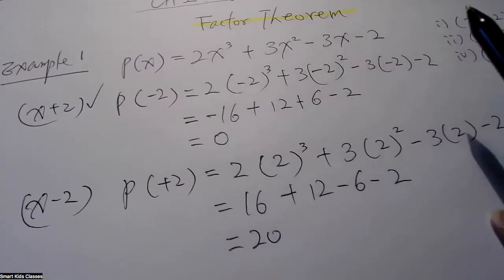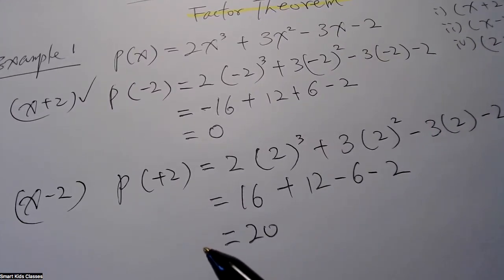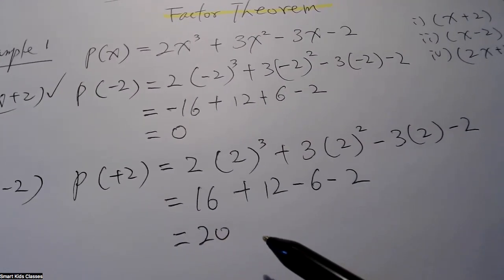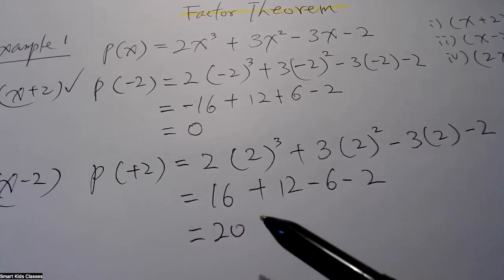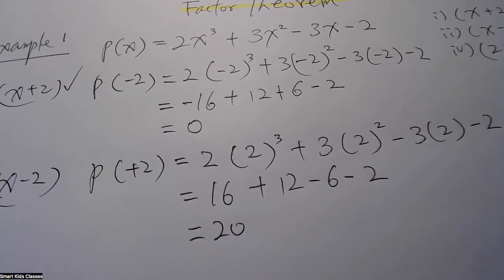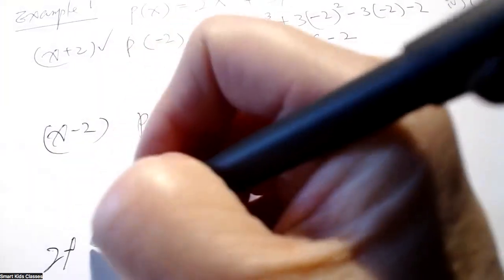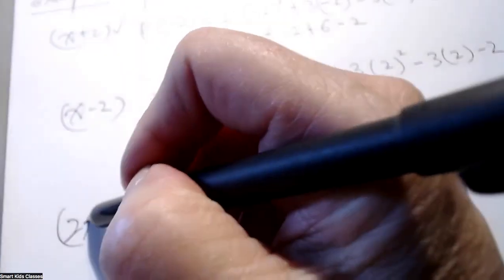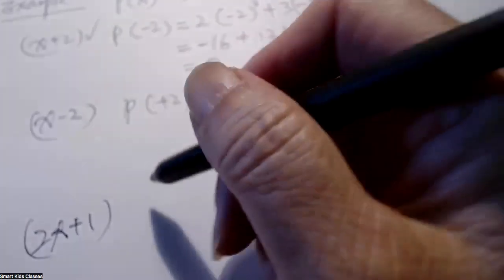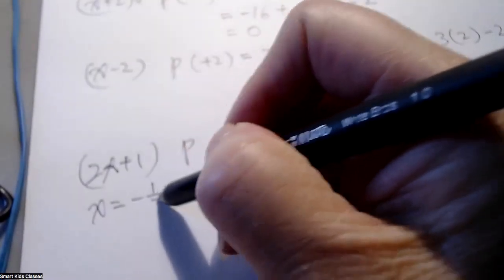Now, how about P at positive 2? It equals 20, so it's not a factor. Now we're going to try 2x + 1. We solve this intercept, so x equals negative 1 over 2.